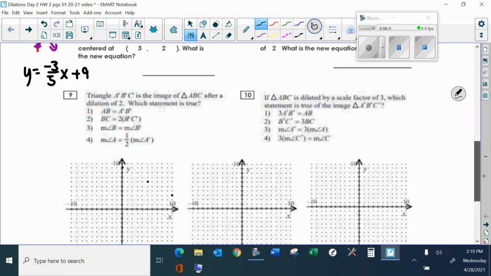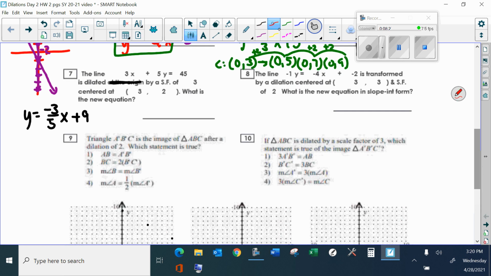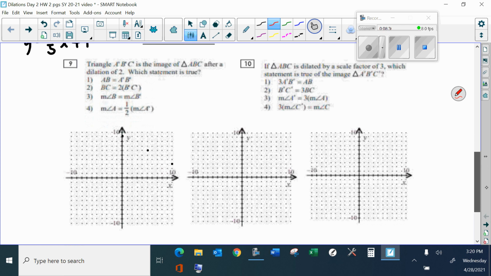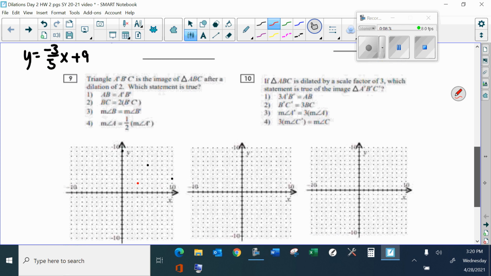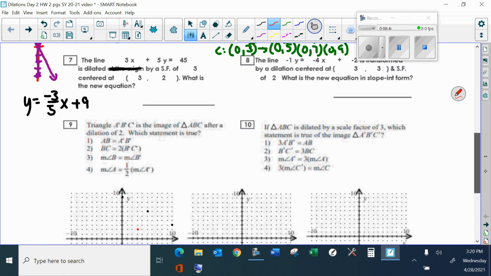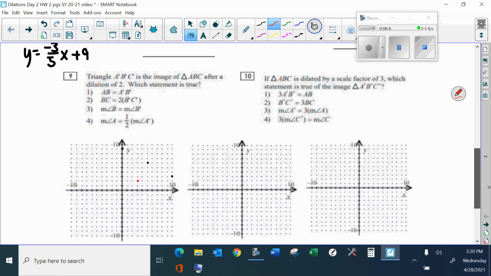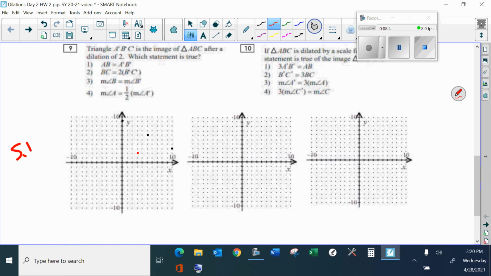It is centered at 3, 2. And it wants a scale factor of 3.